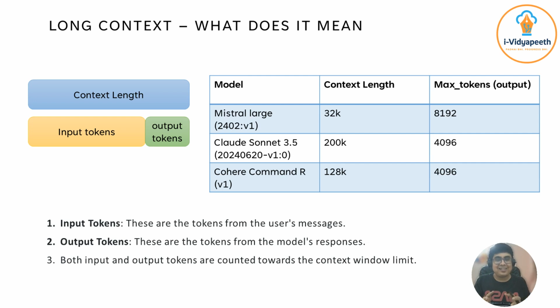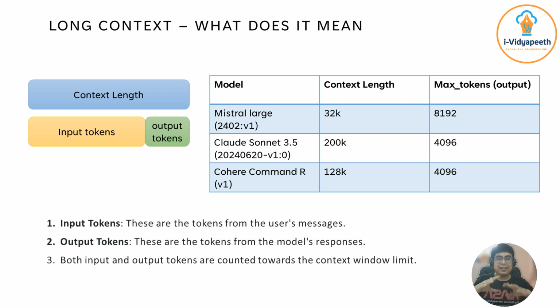Just try to understand that a high context length does not mean you will be able to generate a lot of output, because the output tokens are limited. Though the context length is very high, it is actually for the input tokens.